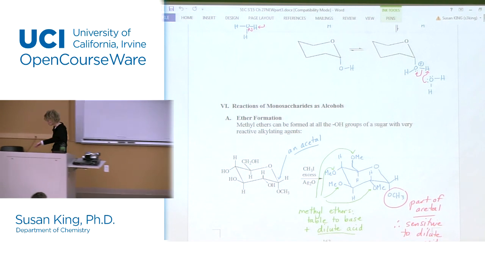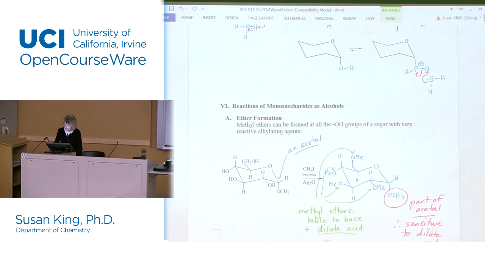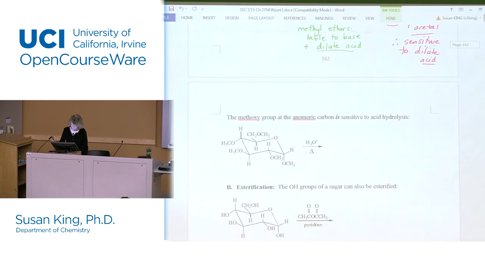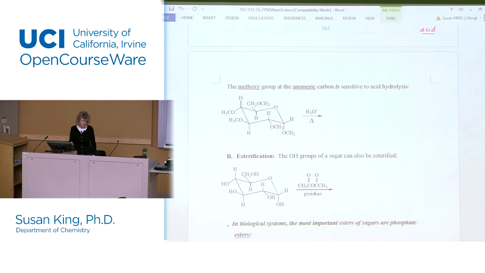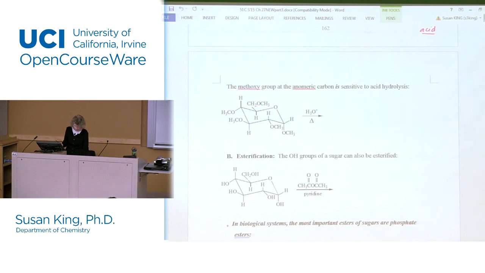On the next page, we can see that if we treat this with dilute acid, then all the methyls that are on the free hydroxyls are going to stay, except for this one. That's going to be converted into a hydroxyl now. I'm just going to draw a squiggly line here to show that I have alpha and beta.